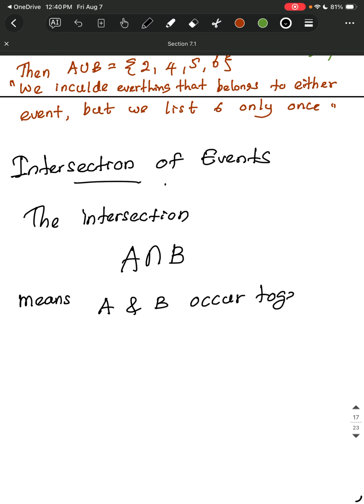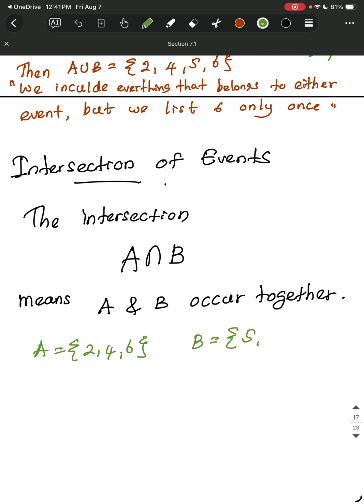Using the same events A and B: A is 2, 4, 6, rolling an even number, and B is rolling a number greater than 4.